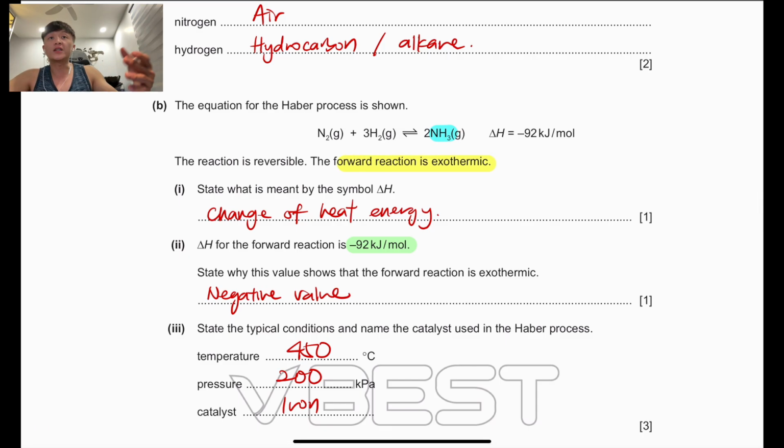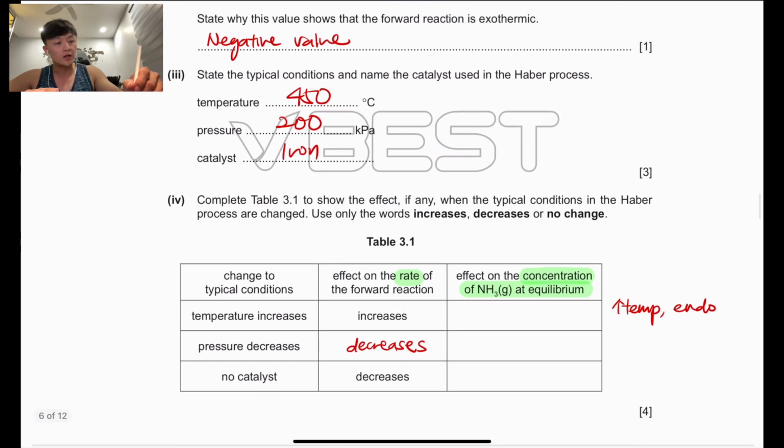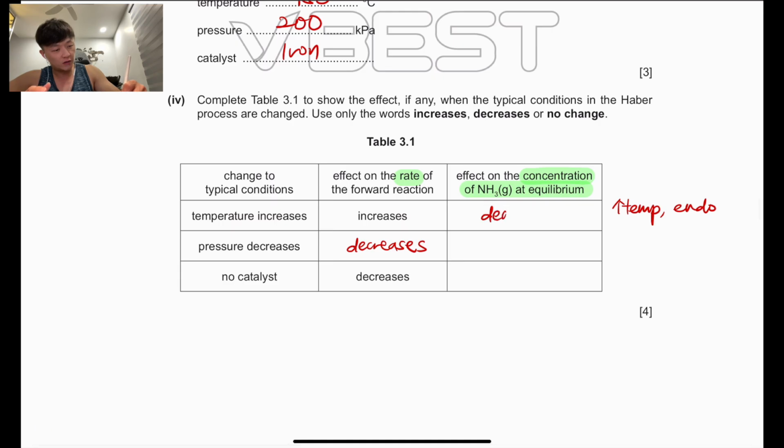If forward is exothermic, it means that backward would be endo, and we know that an increase in temperature favours the endothermic reaction. So in this case, endo is the backward reaction. Position will shift towards the left. So when temperature increases, position shifts towards the left. So what will happen to the concentration of ammonia? It would decrease.